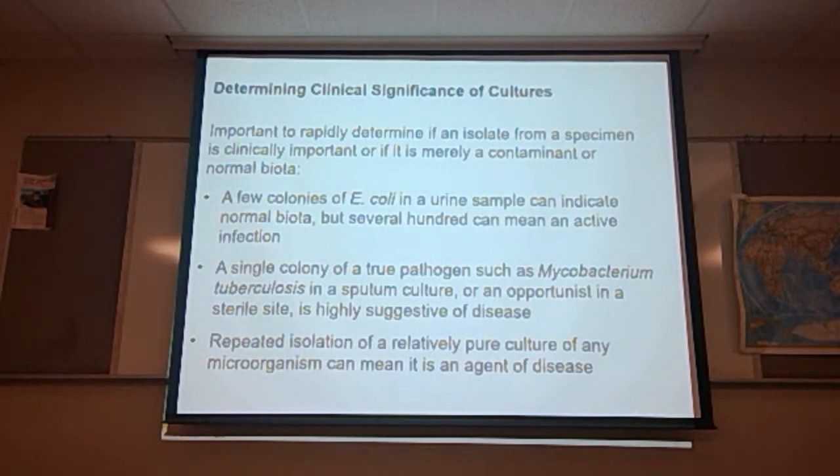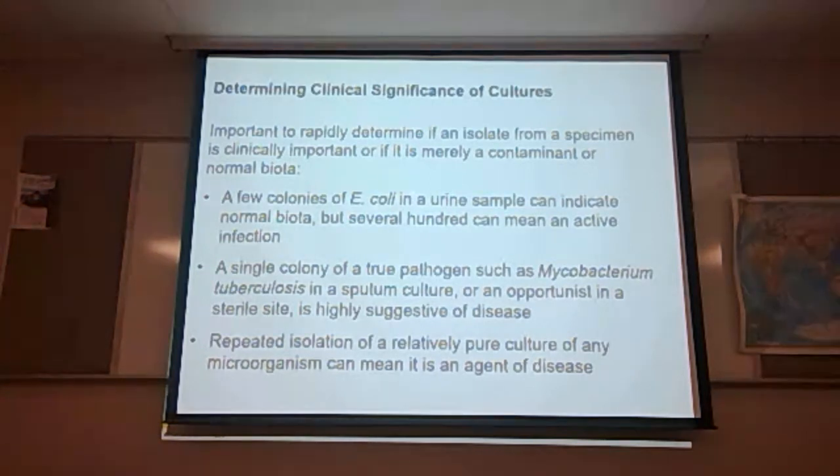Example, a few colonies of E. coli in a urine sample can be indicative of normal microbiota, but several hundred can mean an active infection. A single colony of a true pathogen, such as Mycobacterium tuberculosis, in a sputum culture, or an opportunist in a sterile site, is highly suggestive of a disease.